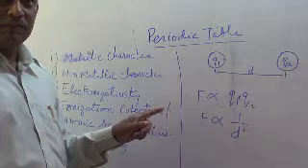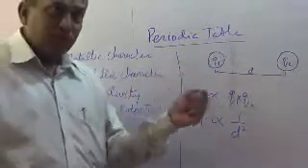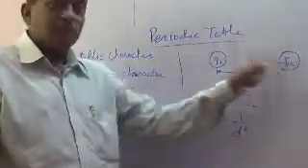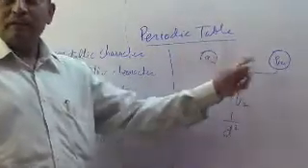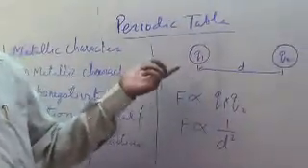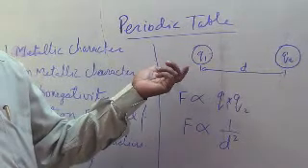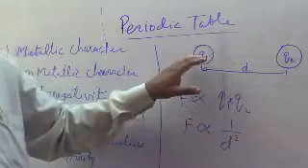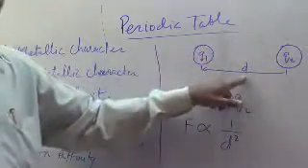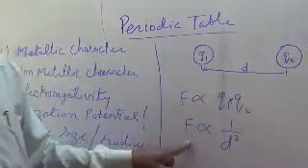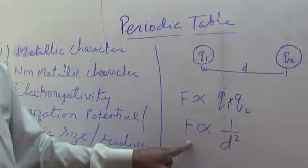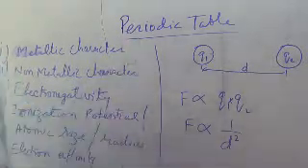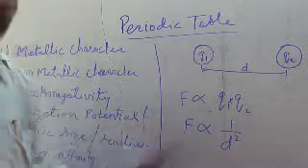You understood the meaning of this? It means a small change in distance results in a greater change in the amount of force acting between them. A very small change in d increases or decreases this force to a greater extent. It changes in square.